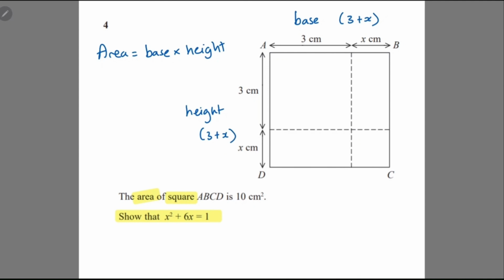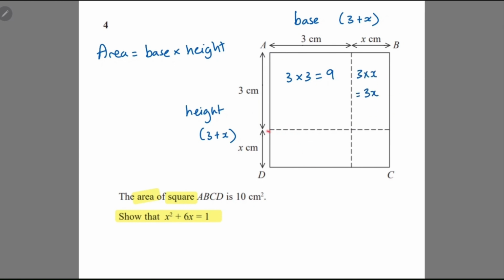Right. Different ways to approach this. We can just find the area using the diagram they've given us, so you could literally just find the areas of the sections. If we look at this section over here, you can see that's a 3 by 3, so we've got 3 times 3, which is 9. This section here is 3 by x, so 3 times x, which is 3x.